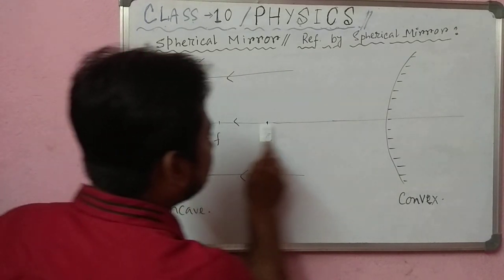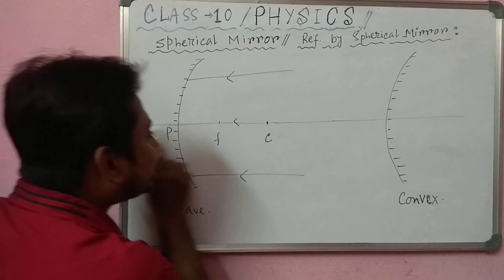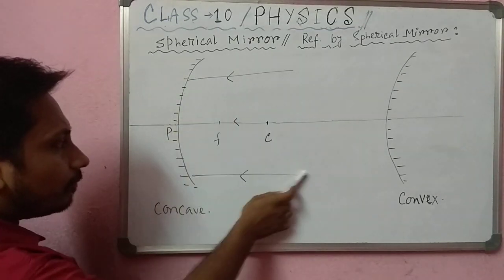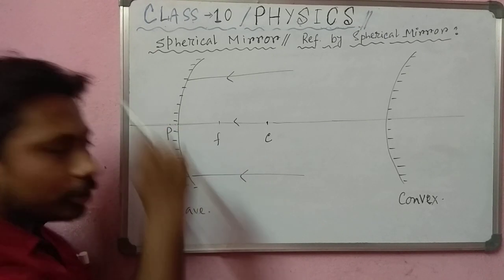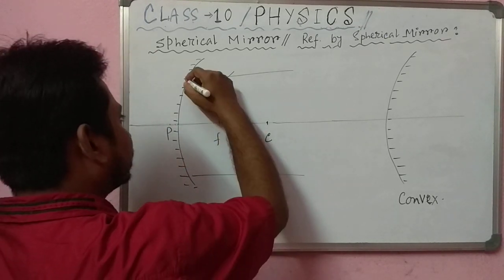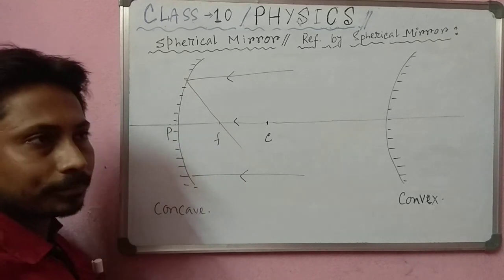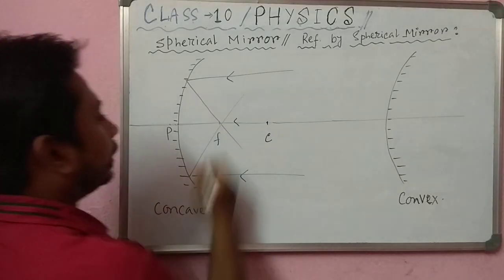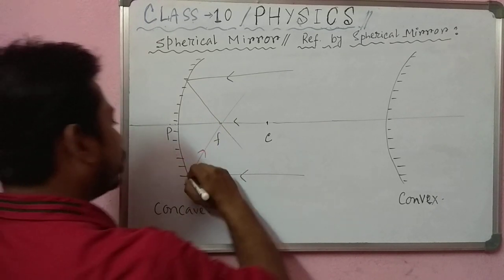So this line is called the principal axis, and the rays of light which are parallel to the principal axis always pass through the focus like this, and that point is called the focus.